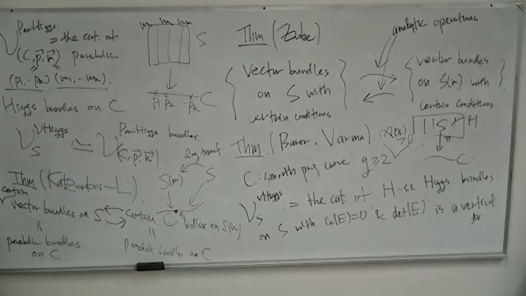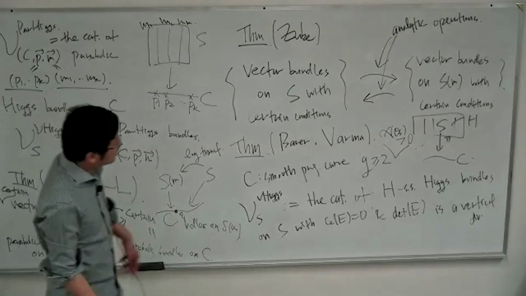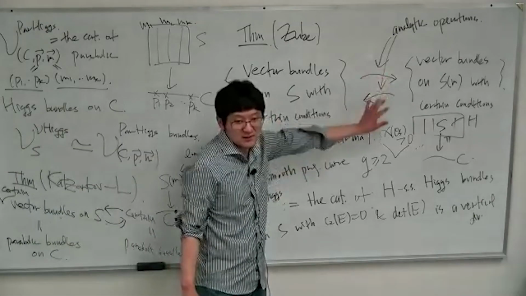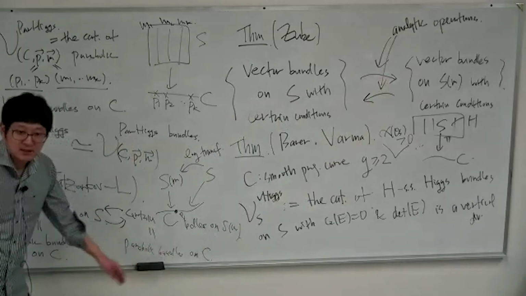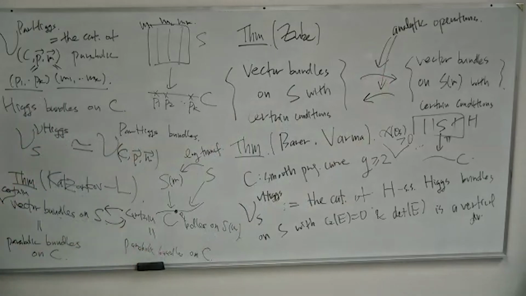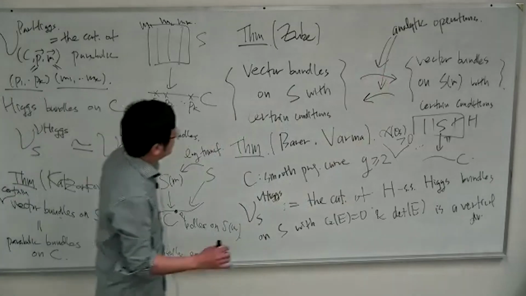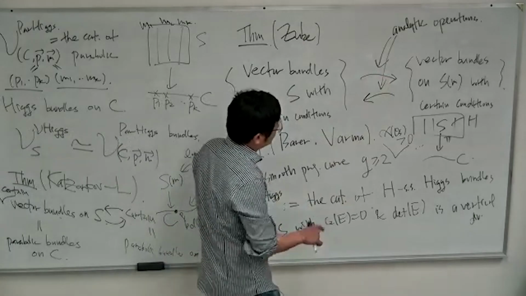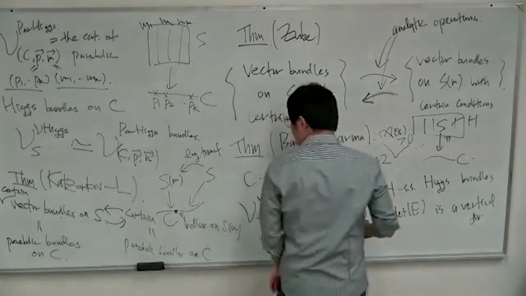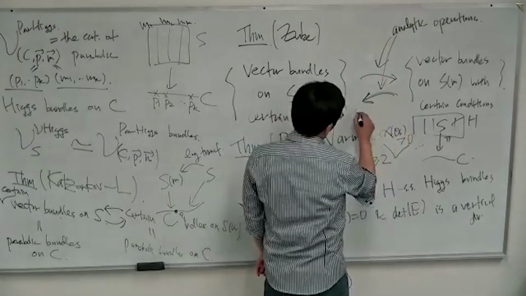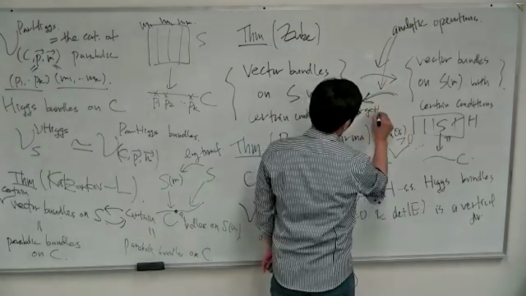So what I claim is that the two functors Jourdain constructed have a very natural interpretation in terms of parabolic bundles on this curve. This is indeed a very natural operation. How can I say? What we prove is that this direction is nothing but forgetting the parabolic structure.